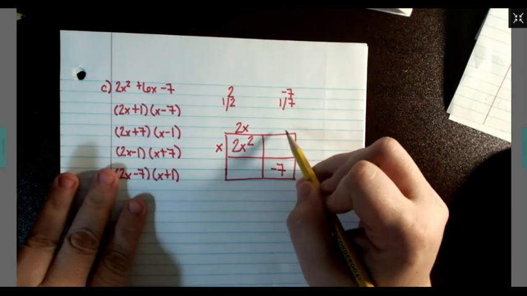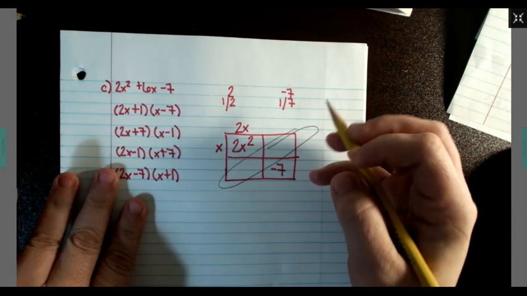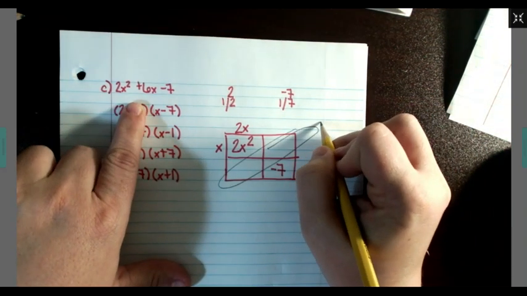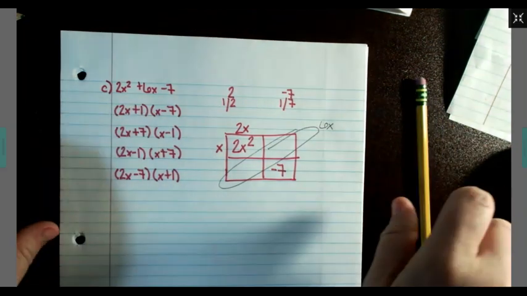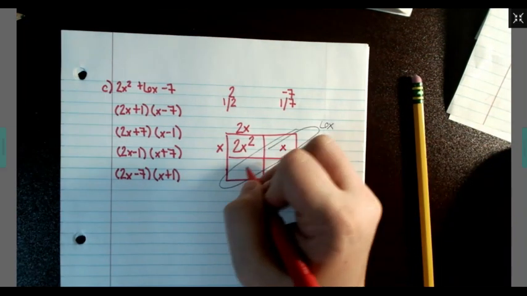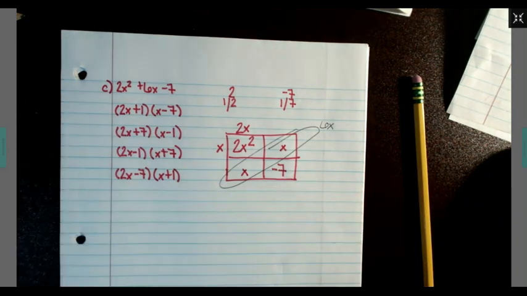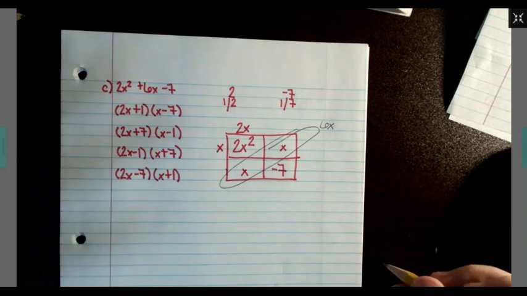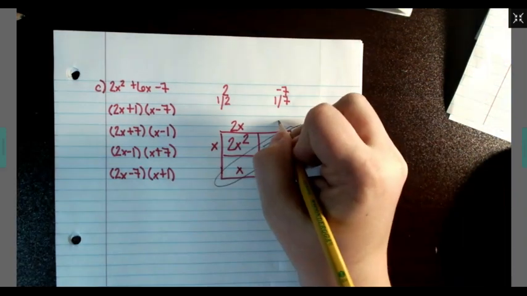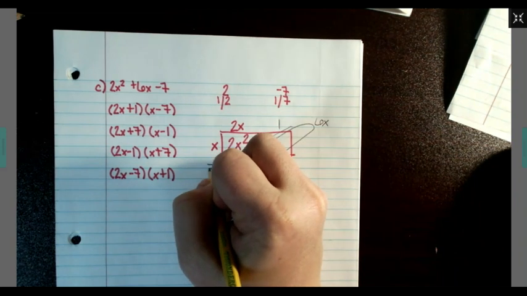And I know that along this diagonal here, we're going to have 6x. So we have to have an x term here and an x term here. The only way to get this negative is to have a positive and a negative option right here. So we're going to do 1 and 7. So I'll try the 1 and 7 combo this way.